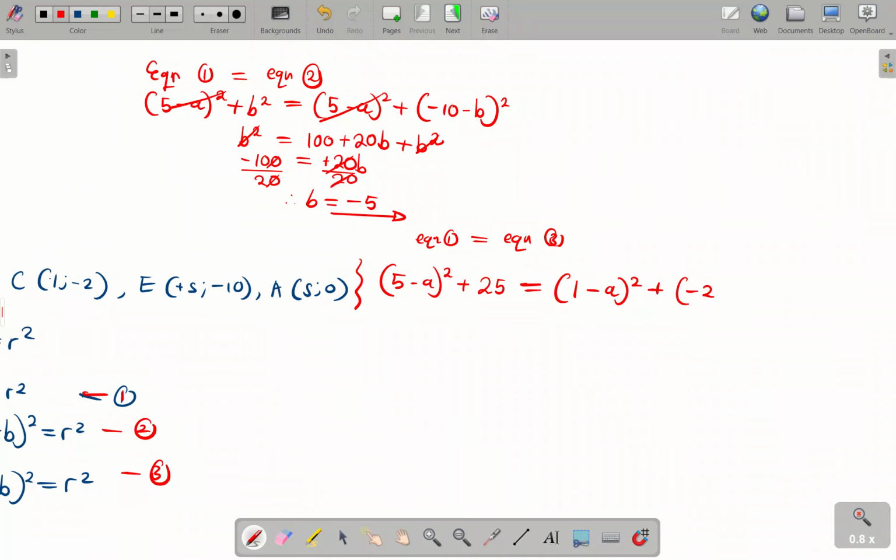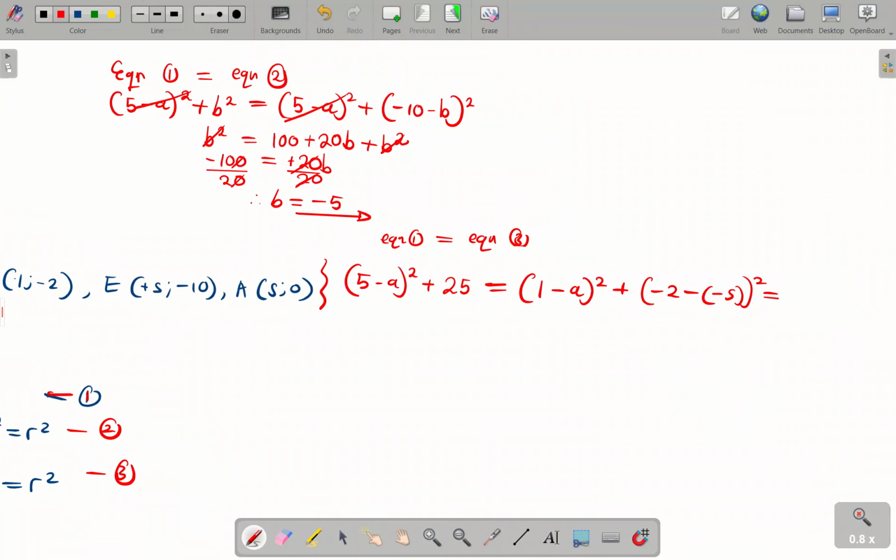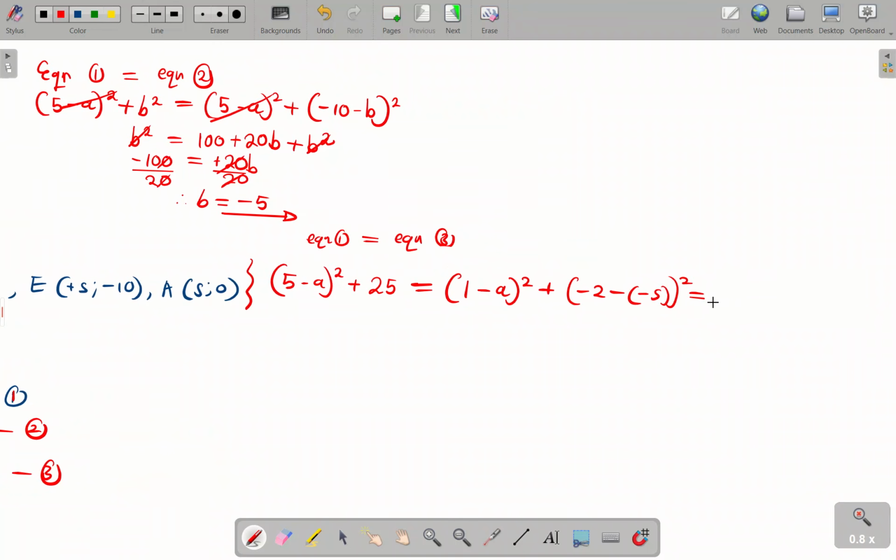But what is b? B, you say minus, I'm here, guys, I'm here. Don't lose focus, I'm here. Minus, and then b replaced, it will be negative 5. And then you square it, is equal to your r squared. Not r squared. Remember, everything is equal to r squared. So just leave it like that.